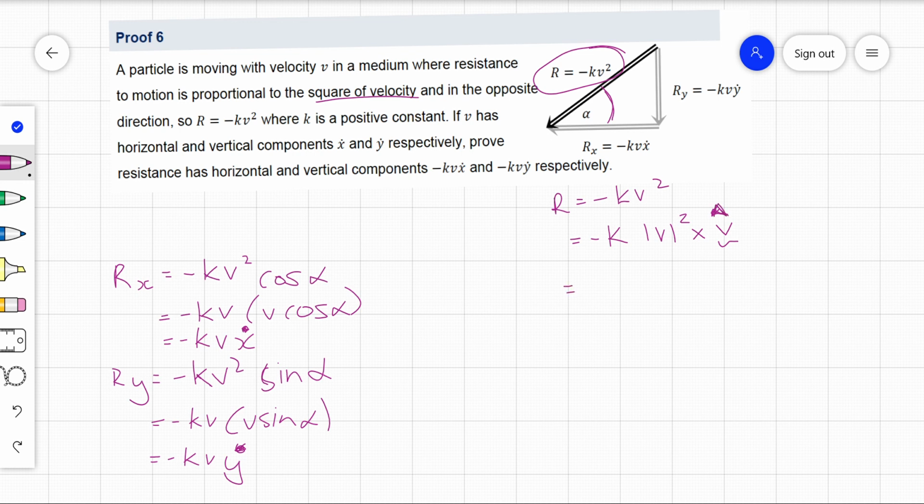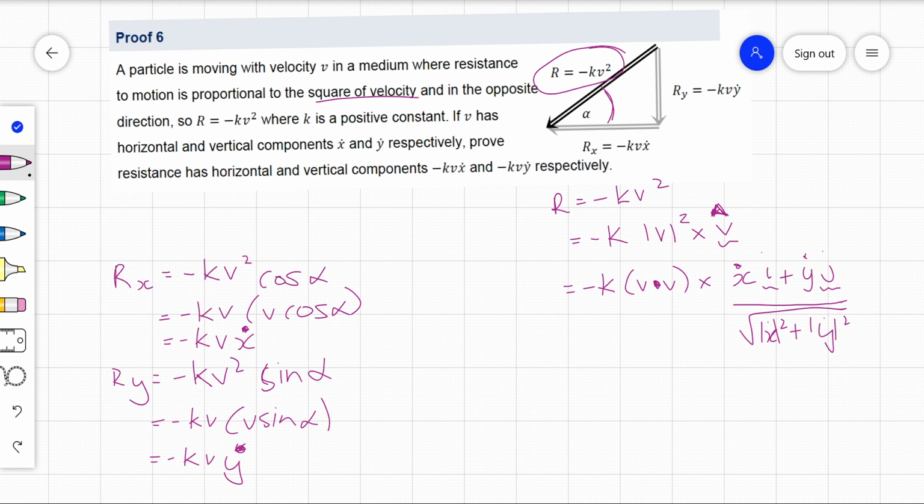In doing that, and remembering that v squared is just v dot v, a scalar product of course. Our vector v is x dot in the horizontal direction and y dot in the vertical direction, but that's the vector. We have to make it a unit vector, so we divide by the square root of x dot squared plus y dot squared.